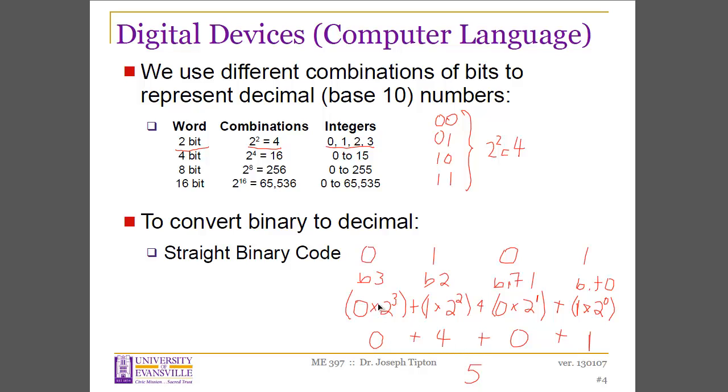Okay. Note how bit 3 influences the number the most. If that bit was stored as a 1, I would have added 8 to the answer. Whereas my 0 bit, 2 to the 0 power is 1, it just adds a 1 or a 0 to the number. This has the least possible outcome, and so we call it the least significant bit.